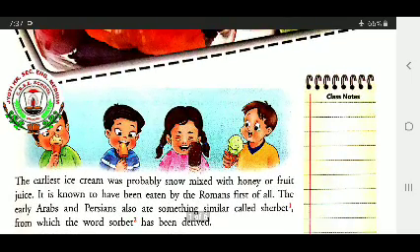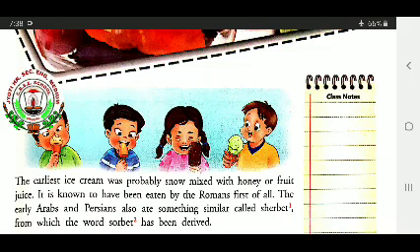Secondly, we had an introduction about heaven, that is about real heaven, and also about the heaven on a stick, that is an ice cream. Then we started our chapter, in which we came to know that heaven on a stick means something that is extremely pleasing or attractive.